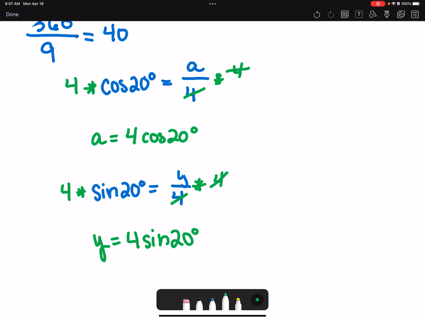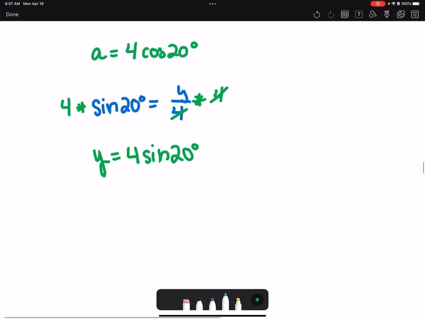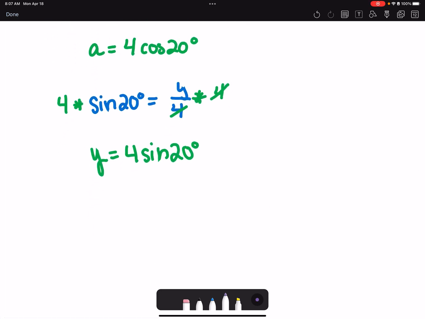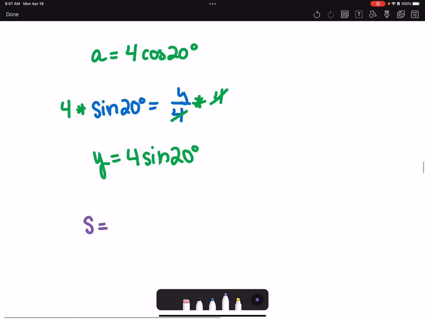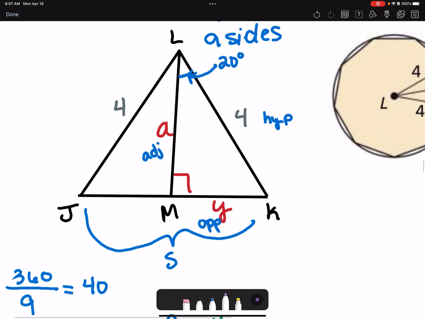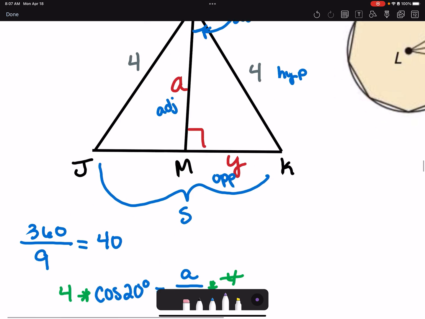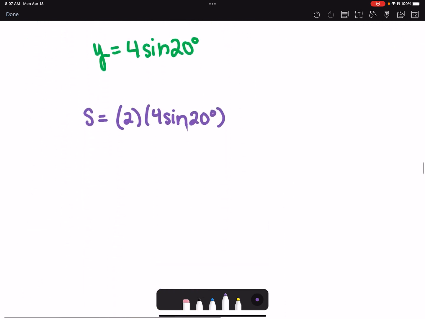Now that doesn't give me my side length. The next step to find my side length is I need to multiply it by 2, because as I showed in my picture, my y is going to be half my side length. So I'm going to end up with 8 sine of 20 degrees.